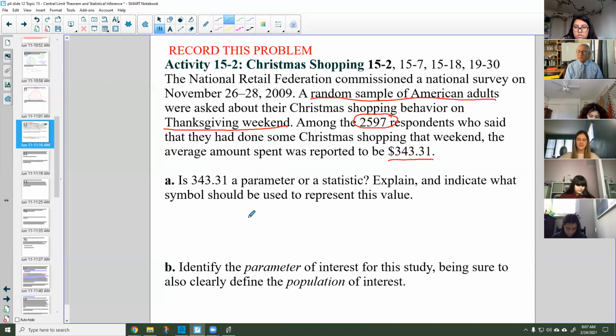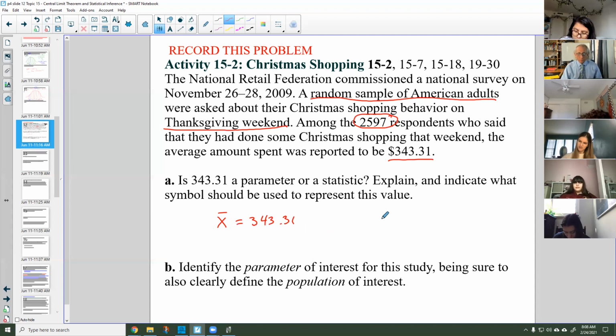Don't feel bad, I was struggling with it too. Go take a look, that's fine. I think it's X bar. It is X bar. X bar is the symbol we use for the mean when it is a statistic. So X bar equals 343.31.